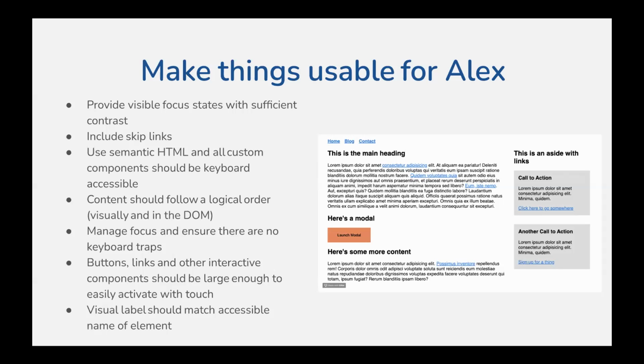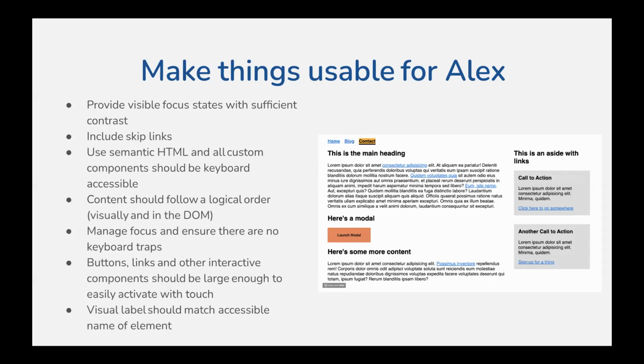And if you're not using semantic HTML elements, for example, if you're building a button and you're using a div or a span for that button, you're going to have to remember to build in all the things that are necessary for that button to be accessible through a keyboard and a screen reader.